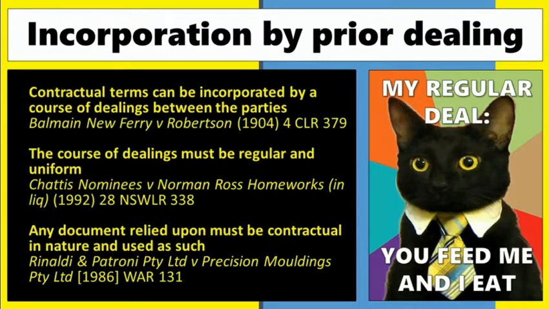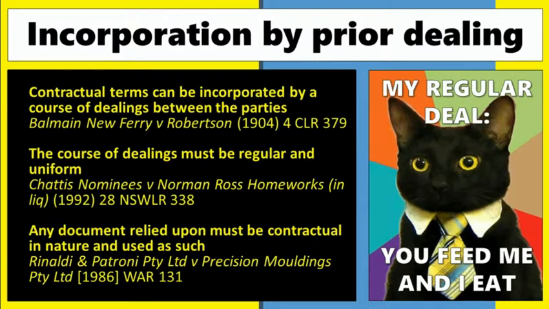Finally, as a point that sometimes arises in these sorts of disputes, where there are courses of dealings between parties, and this type of dispute arises where one side is trying to argue that contractual terms are incorporated through prior dealing because they've had regular contact between the two parties. In these situations, it's not uncommon for parties to have their agents sign things like packing slips or delivery dockets.